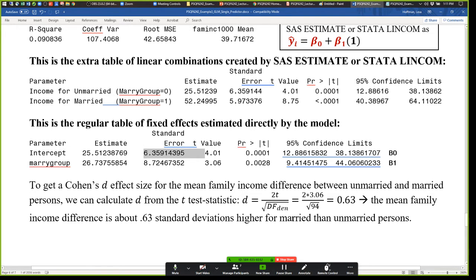What's this thing? 6 and some change. Standard error of what? Of the intercept, yes, it is the obvious answer. What I'm trying to point out is that there's now 2 different kinds of standard errors here. There's the intercept standard error, and there's the slope standard error.